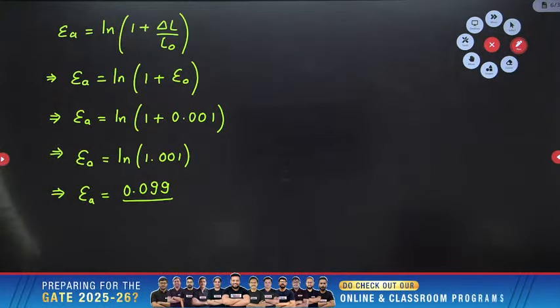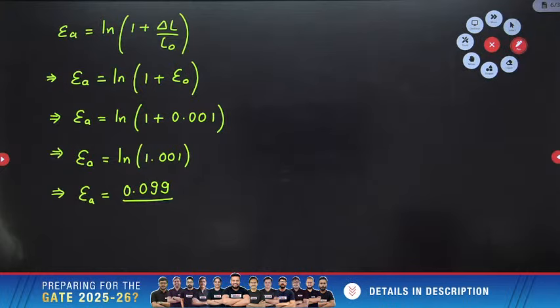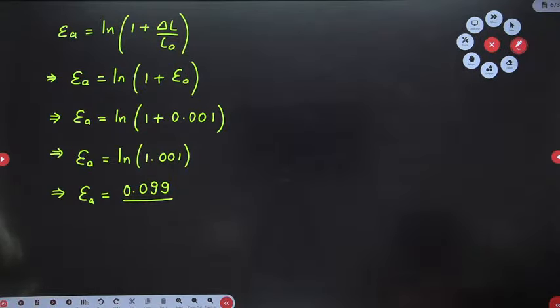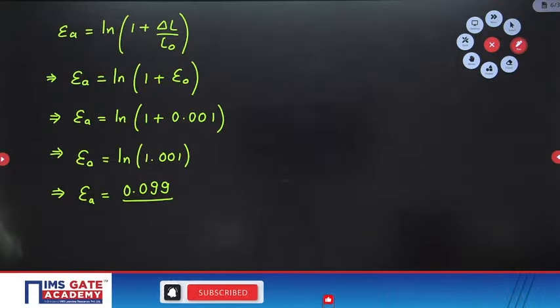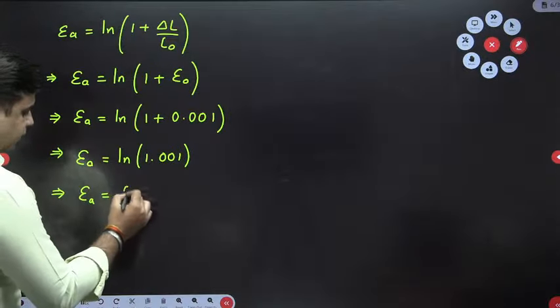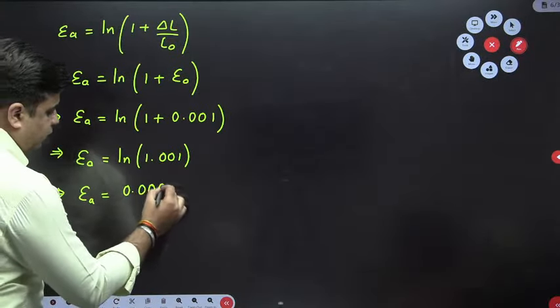What is natural log of 1.001? Please tell me the value of natural log of 1.001. Natural log of 1.001 will be 0.00099.